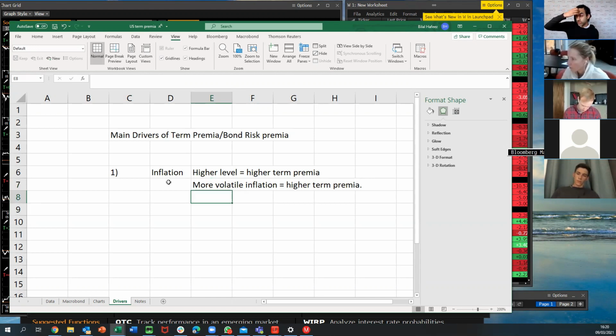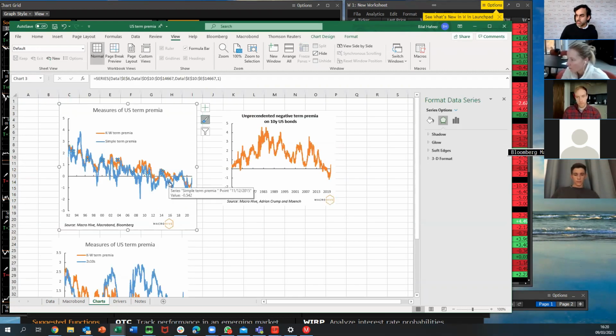So if you're in an environment of low inflation and the volatility of inflation is very low as well, then term premia is very low. So if you go back to the chart, if you overlaid inflation on top of this, you'll see that inflation in general has been falling and has been very stable in recent years.